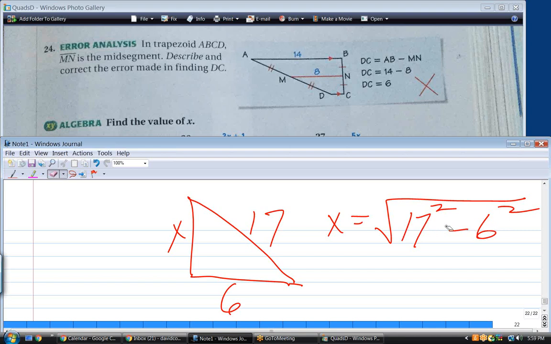If we're subtracting, it has to be the hypotenuse squared minus the other side squared. And it doesn't matter. I could put the 6 up there and the x down here. It's the same thing. X is still the square root of 17 squared minus the other side squared.